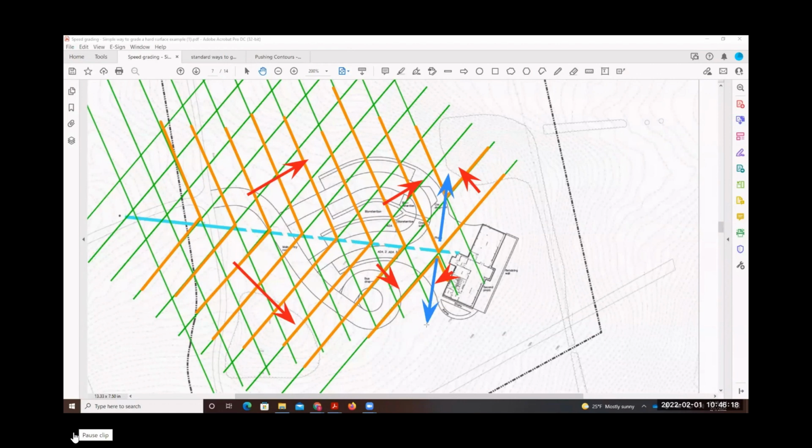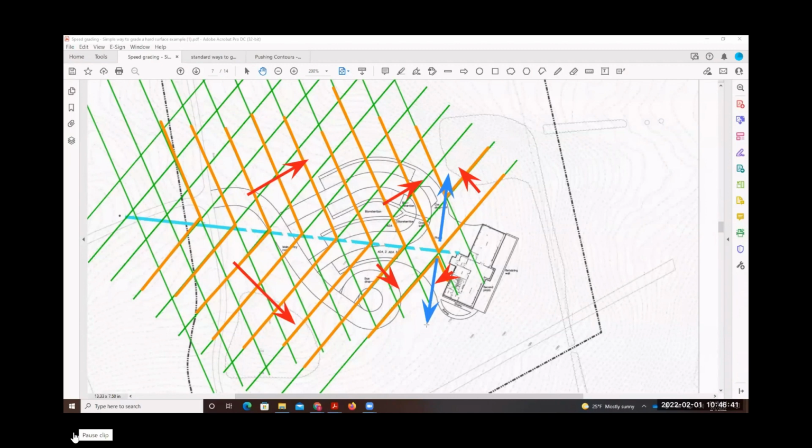What I did is I laid out lines 50 feet apart, which represent a 2% slope. You can lay them out 40 feet apart, 2.5% slope, perfectly acceptable. And then I rotated those lines to make them fit better with my site.